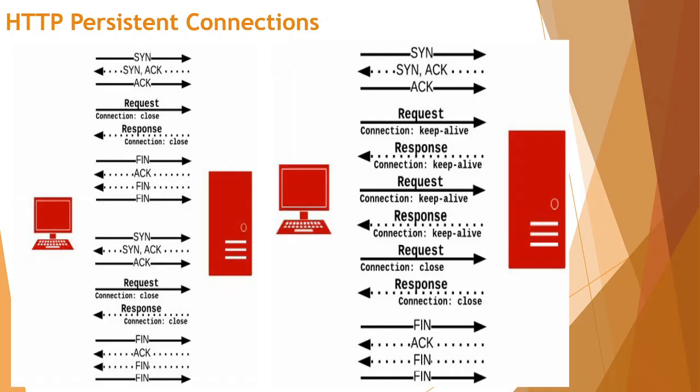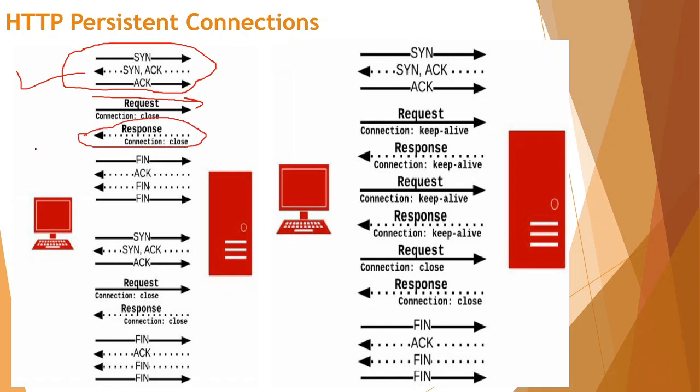So let's discuss HTTP persistent connection. In this diagram you can see that a TCP three-way handshake is happening, and after the three-way handshake the client sends a request, and then the client gets a response.